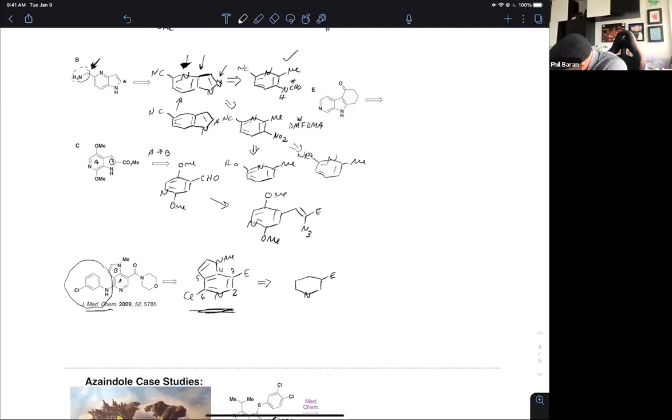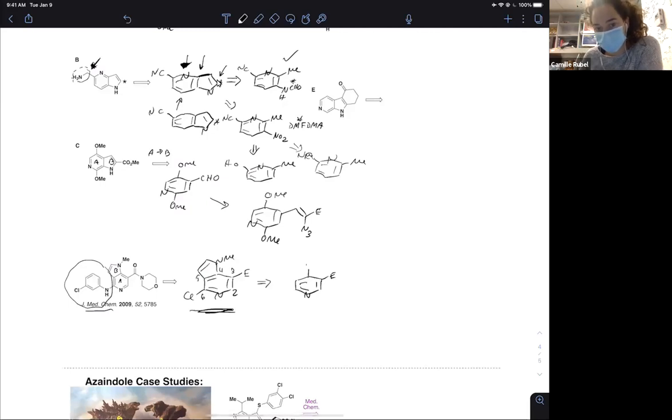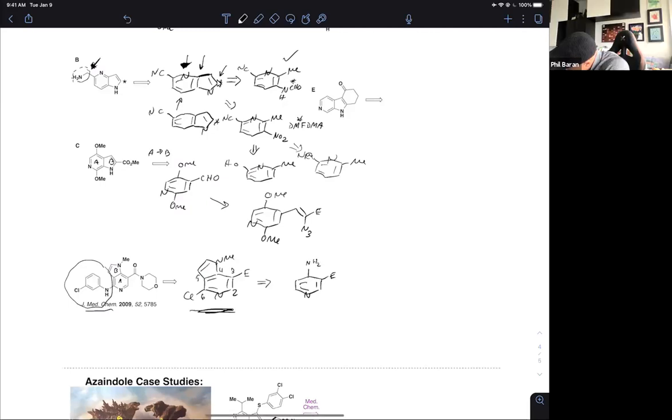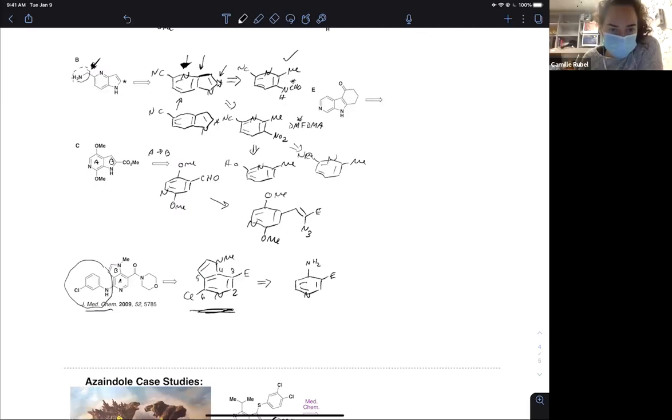We need something a little bit simpler before we start buying. So tell me what to put at the 4, 5, and 6 position to start searching. Can you put an amino at the 4 position? All right. Now what do I put at 5? I guess you could have the carbonyl there.